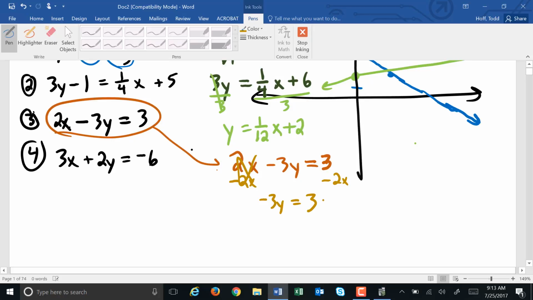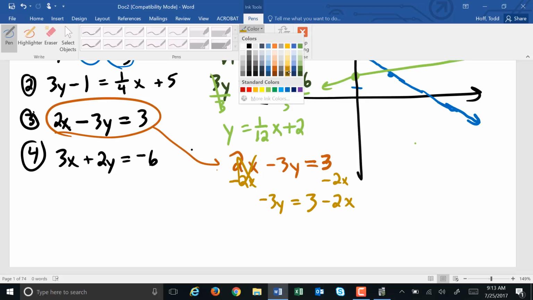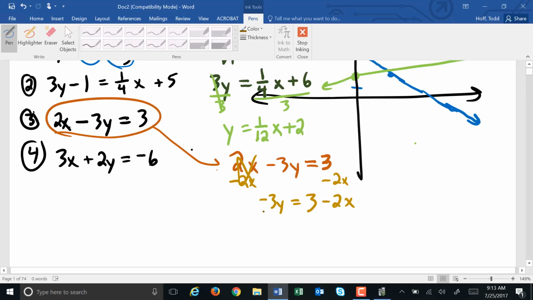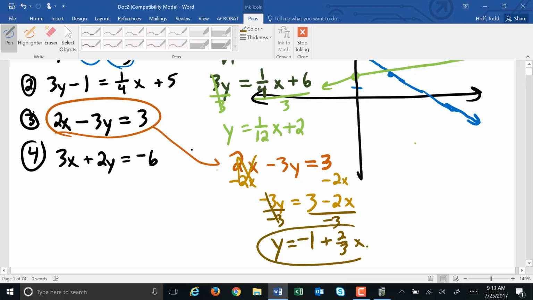Perfect. -3y equals 3 minus 2x. And then divide by -3. So y equals -1. Very close. Plus 2/3. Yeah, because you got negative divided by negative, so it's a positive 2/3x.